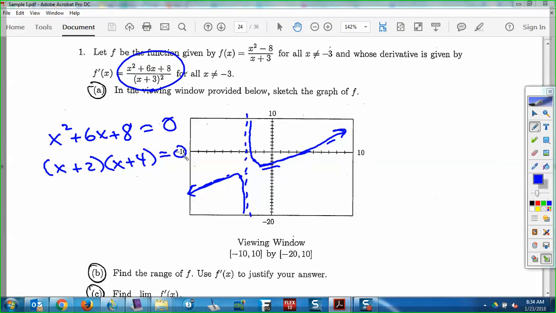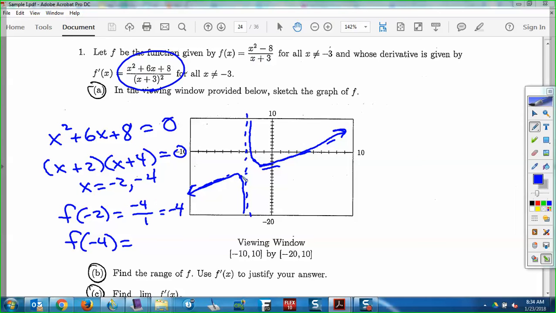It factors nicely. So x equals -2 and -4, and then we plug those back in, f of -2 and f of -4, to get those values. This would be the one at -2: we plug in -2, we have 4 minus 8, that's -4, over -2 plus 3 is 1, so that's -4. That's that one right there.